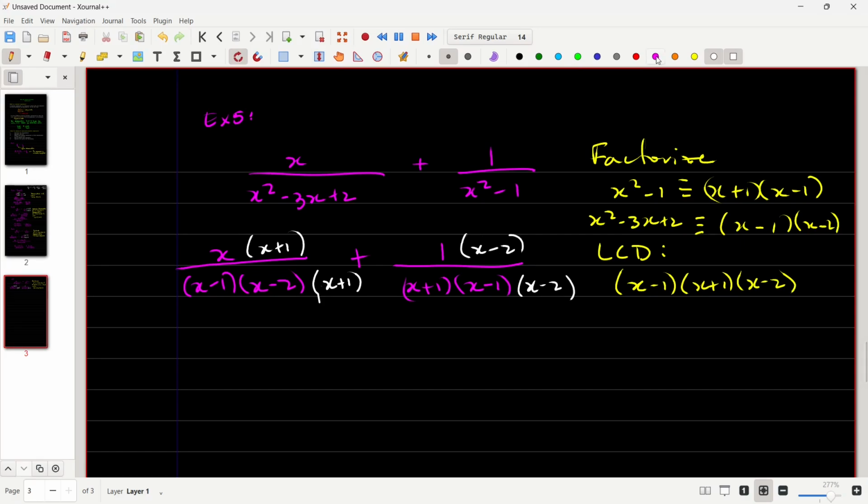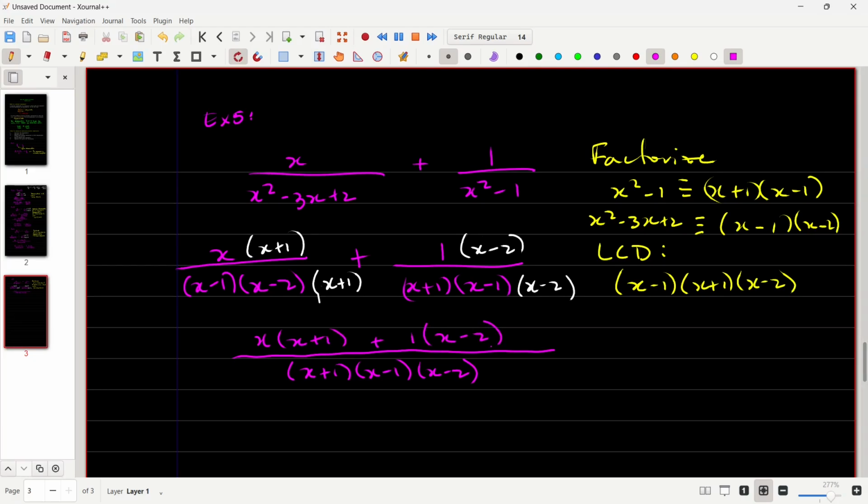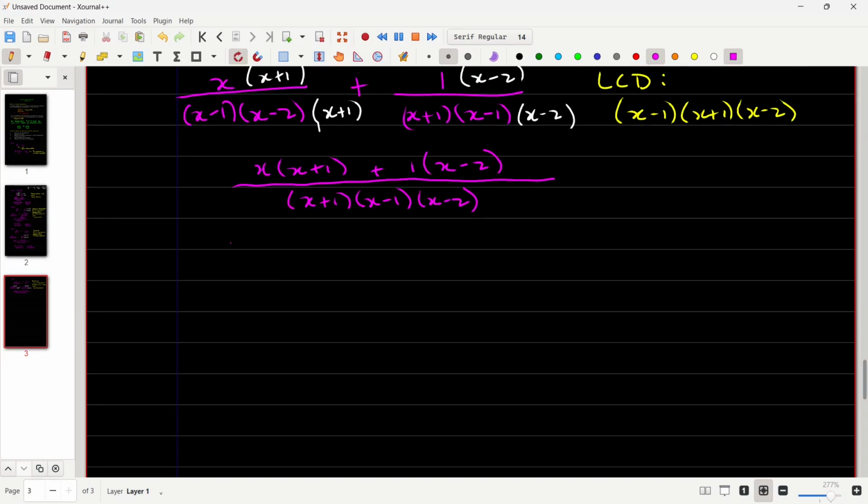All right. Now I write the common denominator. So my common denominator is x plus 1, x minus 1, x minus 2, like that. Then I have x into x plus 1 plus 1 into x minus 2. I expand with the distributive law now. So I have x squared plus x, plus x minus 2.